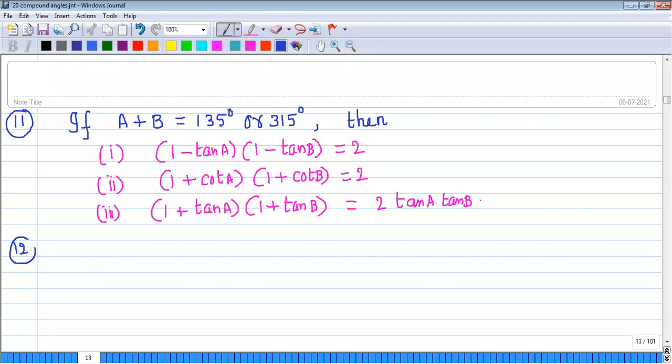So yesterday some of you expressed this formula also.